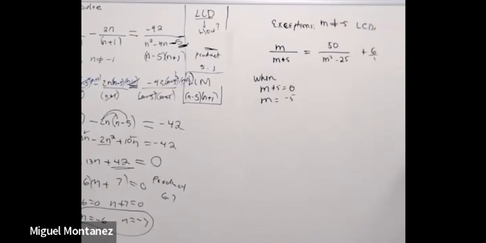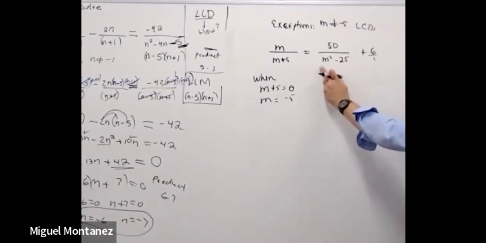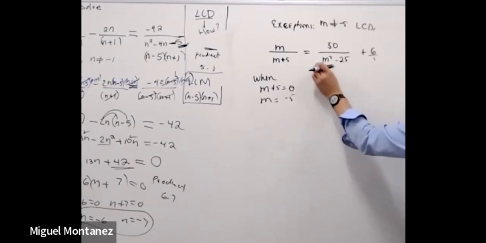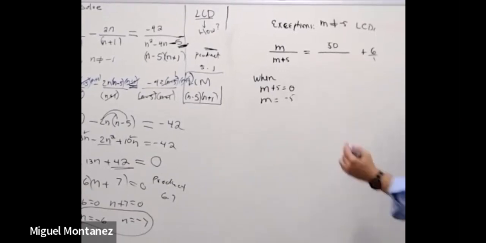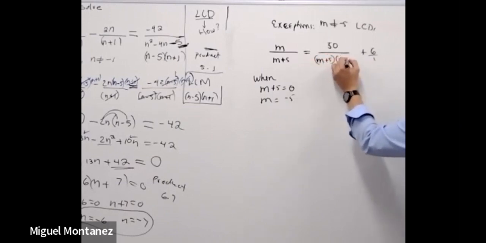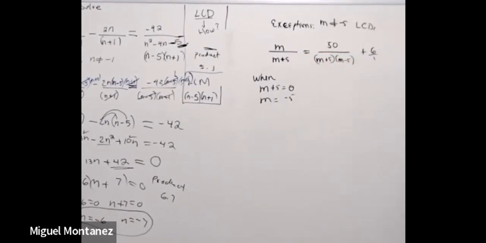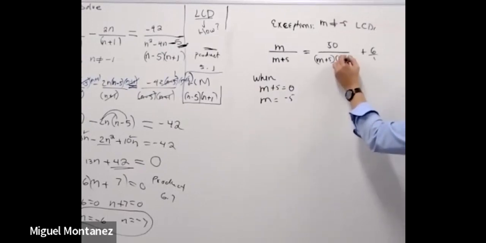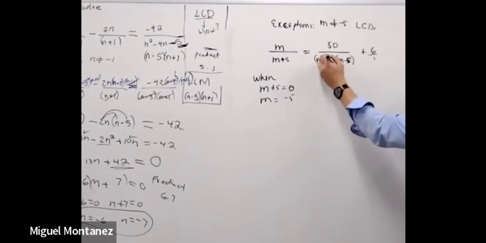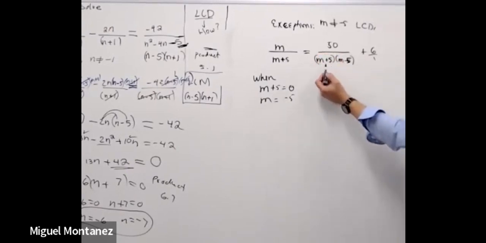Also, something I should have done first: we need to factor this, m plus 5, m minus 5. This is the difference of squares. So I'm going to erase this and write m plus 5, m minus 5. We already worked with m plus 5.